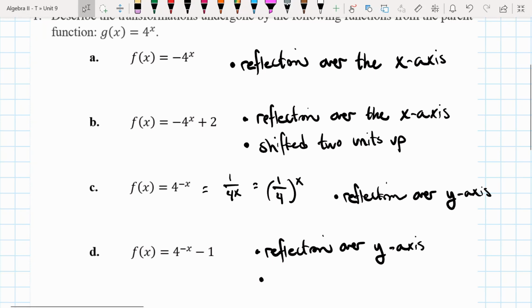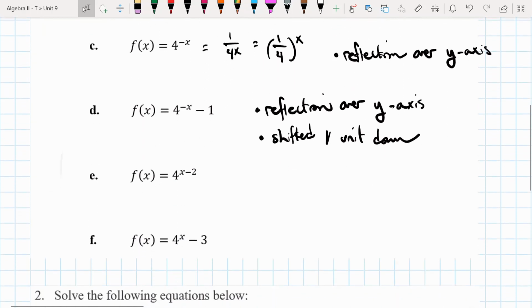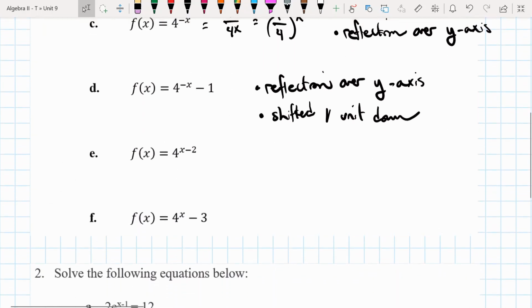And it's also shifted 1 unit down. Okay. So letter E is going to be a horizontal translation.